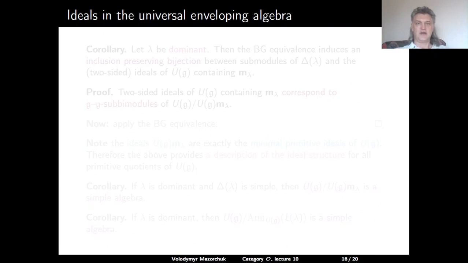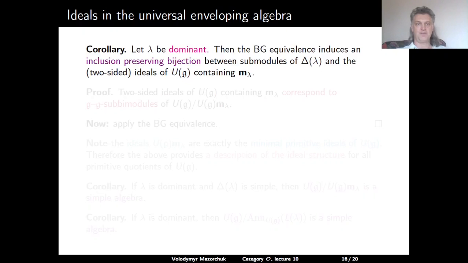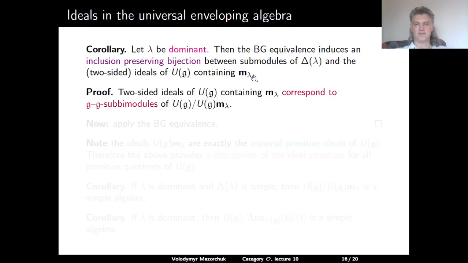So here are also some other applications to the study of ideals in the universal enveloping algebra. Assume that lambda is a dominant weight. Then the BG equivalence induces an inclusion-preserving bijection between submodules of delta lambda and two-sided ideals of U(g) which contain m_lambda.